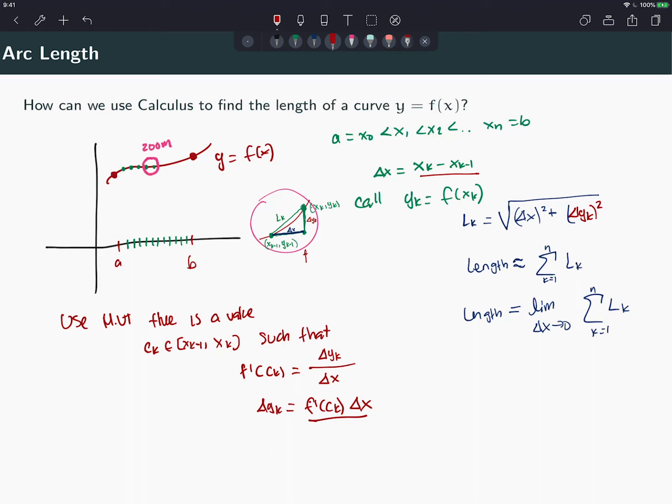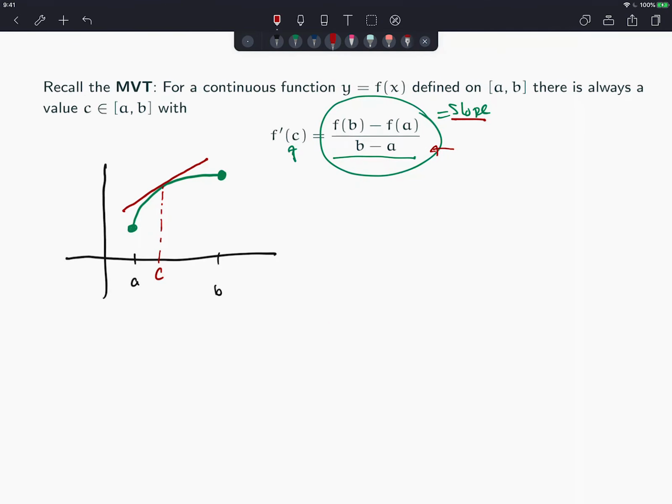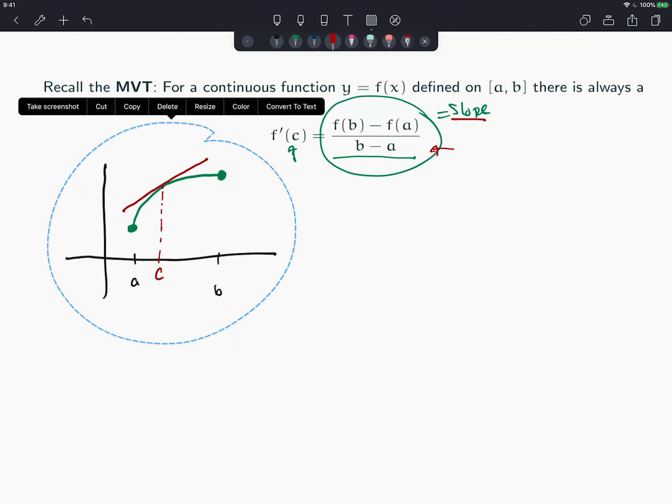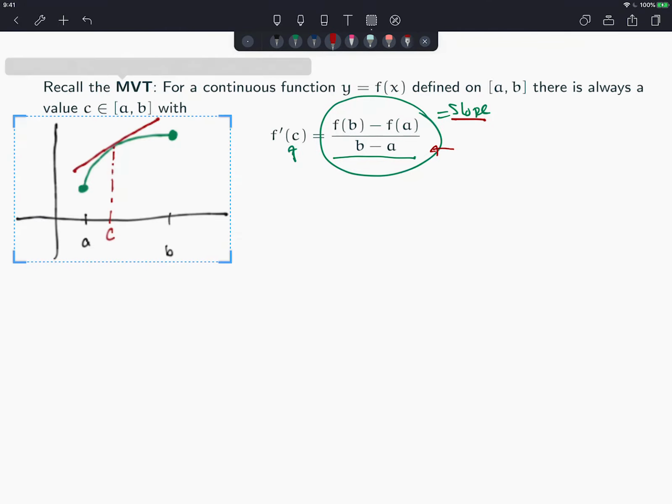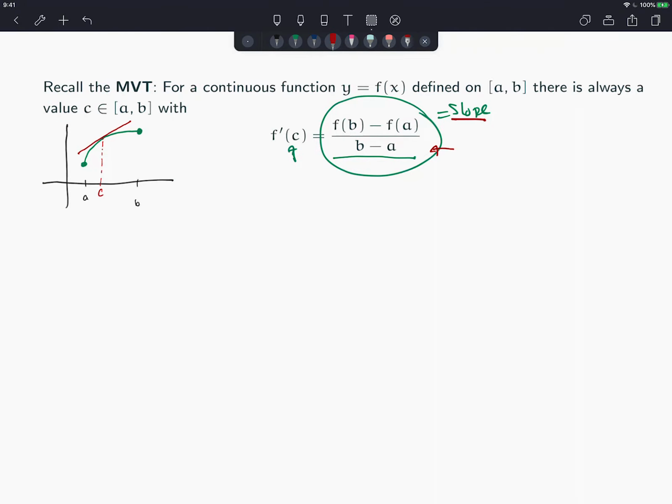So let me put these two things together over here. So I found a couple things. I'm going to write it here. I have a couple things. That the Lk was the square root of delta x squared plus delta yk squared.